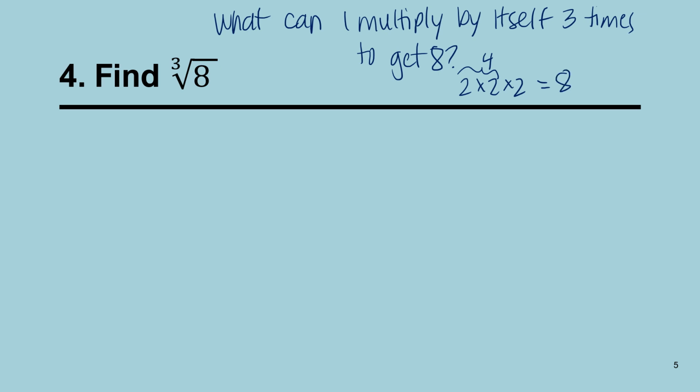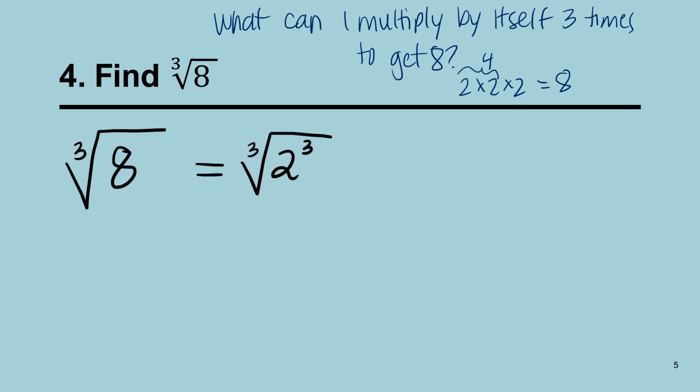So let's look at how this is going to be written out. The cube root of 8 is equal to the cube root of 2 cubed, right? Because 2 times 2 times 2 is 8. Just to remind you, this whole section is about exponents and radicals, so I'm trying to not assume that you know all this stuff. 2 times 2 times 2 can be written as 2 cubed, 2 to the 3rd power.